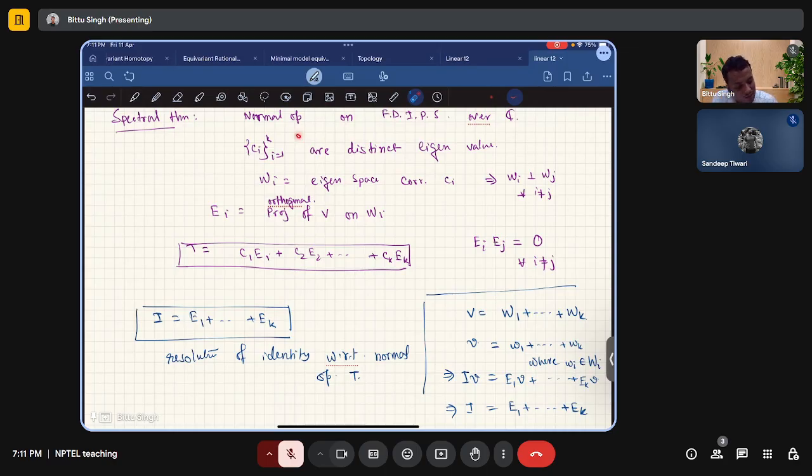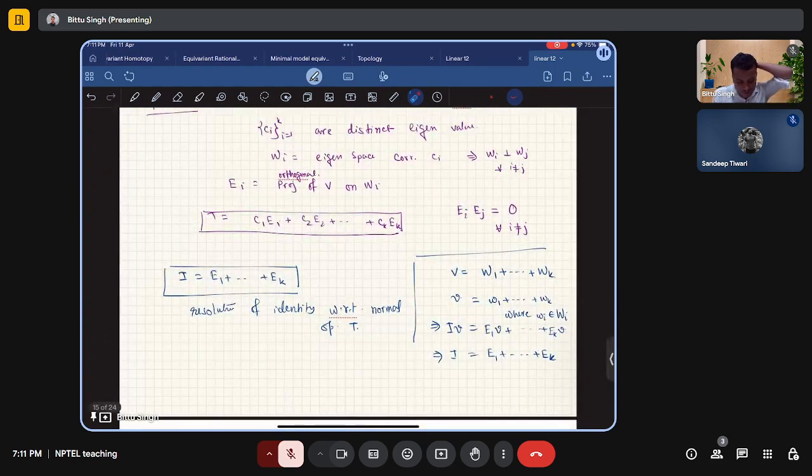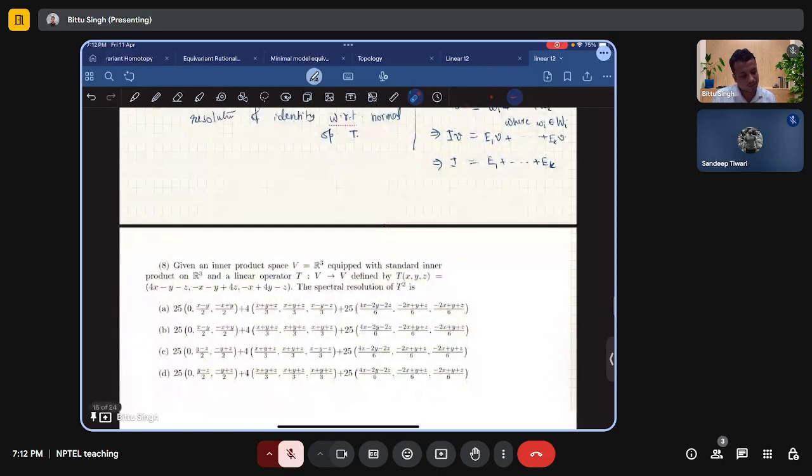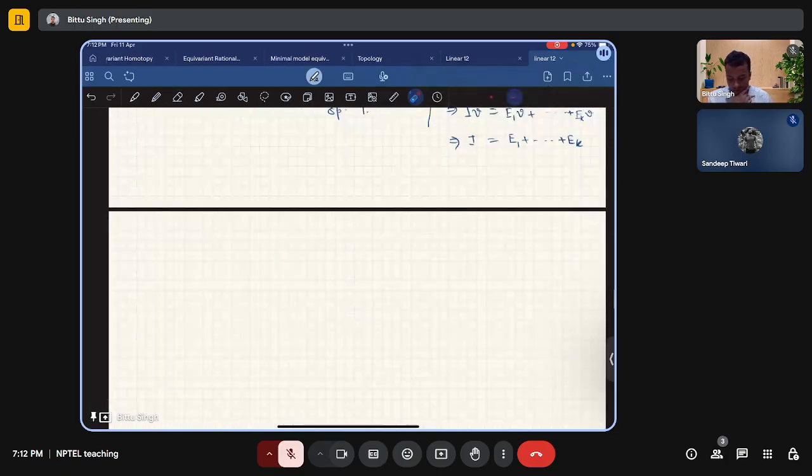First, we need to find the eigenvalues, then the eigenspaces corresponding to them, and after that construct the orthogonal projections E1 up to Ek. There are lots of steps, but this process can be reduced. Let me state an important fact.